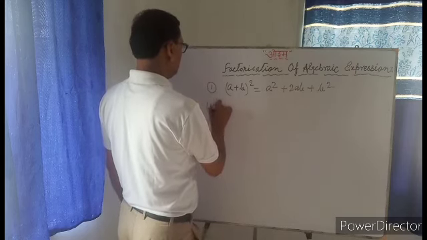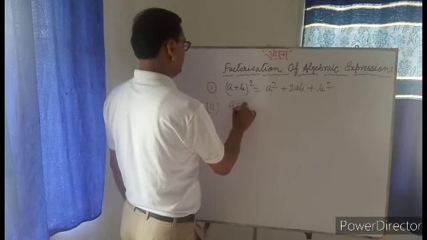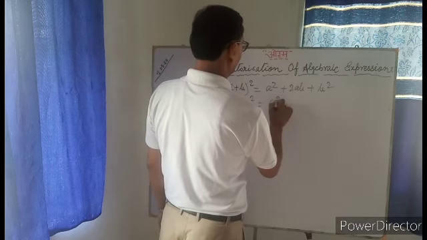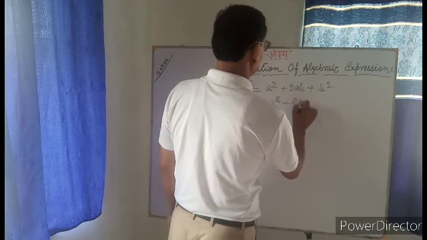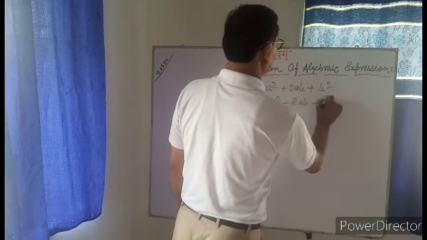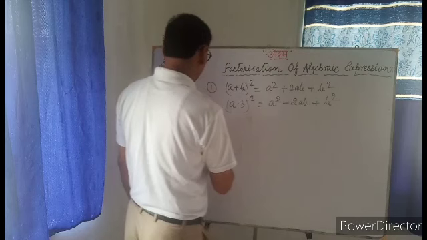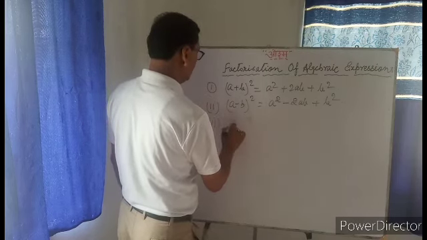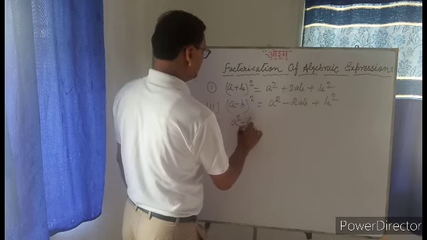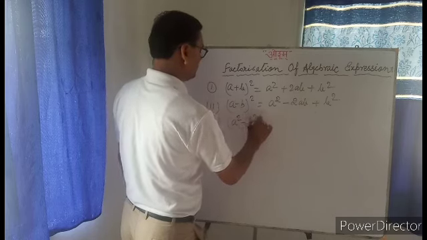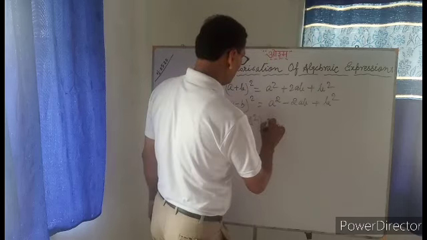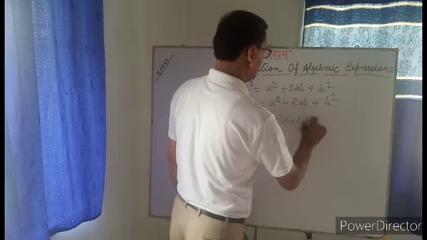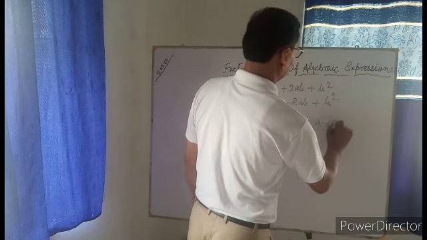Identity number two: (a - b) whole square is equal to a square, the middle term is minus 2ab, and plus b square. The third identity that we had studied, identity number three: a square minus b square is equal to (a + b) whole into (a - b).